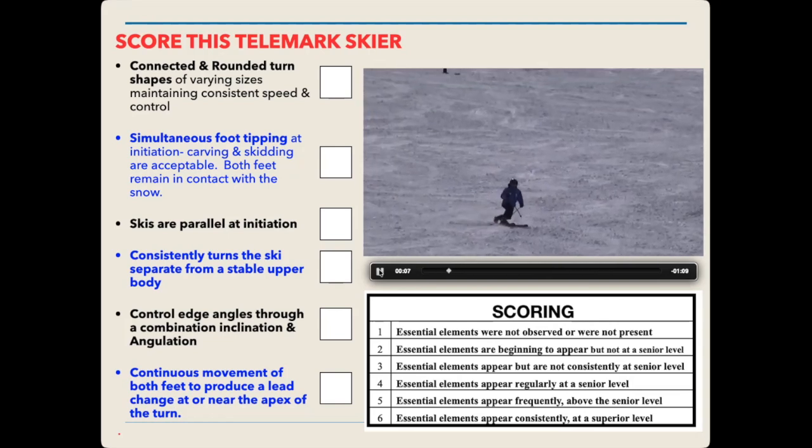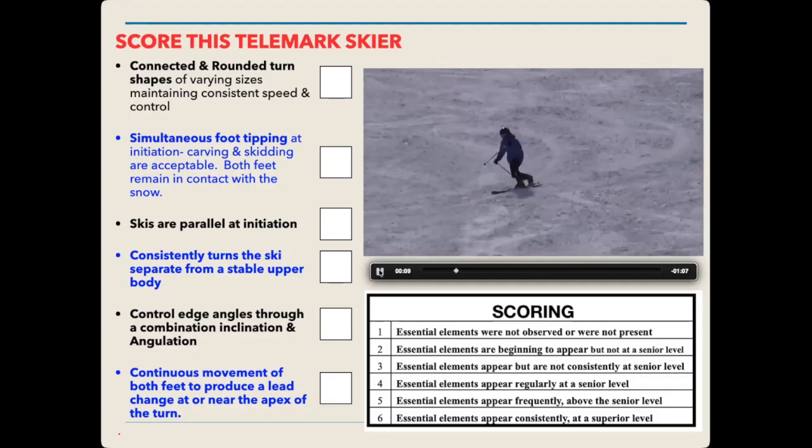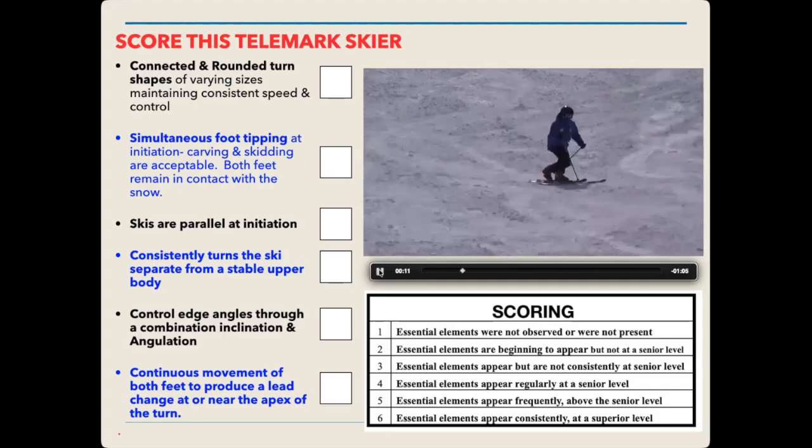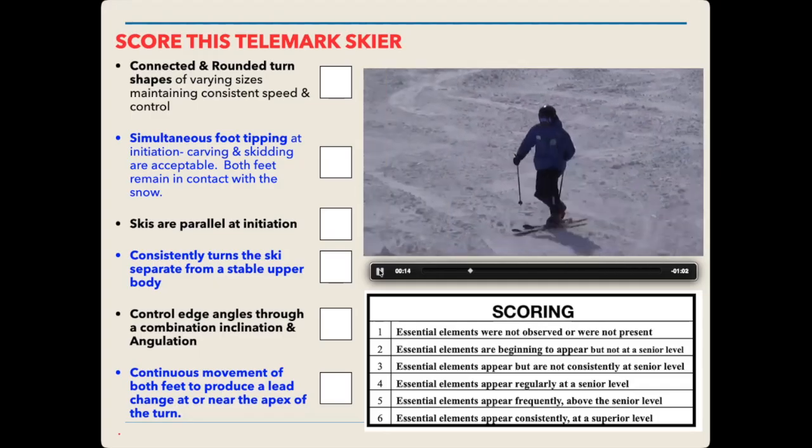Excellent. The fourth criteria, fourth visual cue, consistently turn skis separate from a stable upper body.